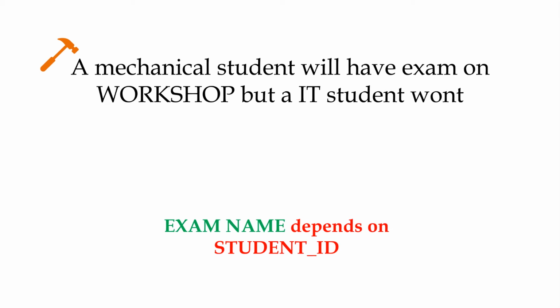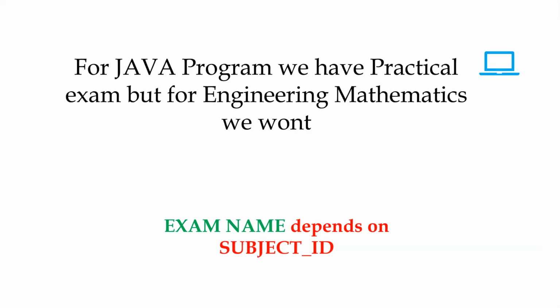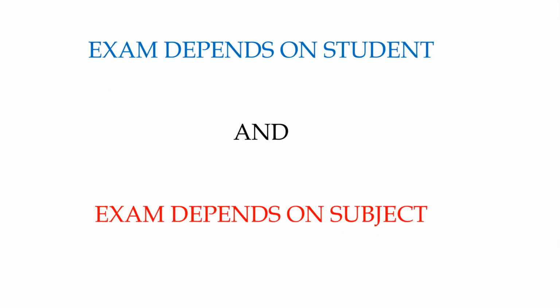So here the exam name depends on the student. Now consider another example. For Java program or any programming paper, we have a practical exam. But for engineering mathematics, do we have any practical exam? No. So here exam name depends on the subject ID. So is it clear? So exam name depends on both student as well as subject.